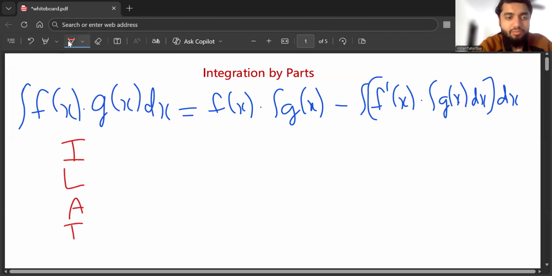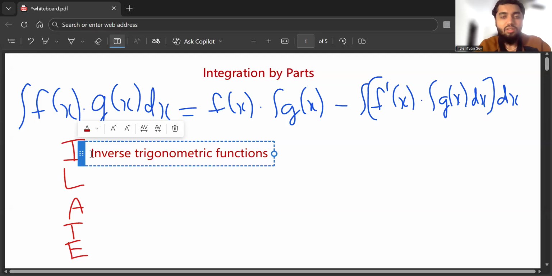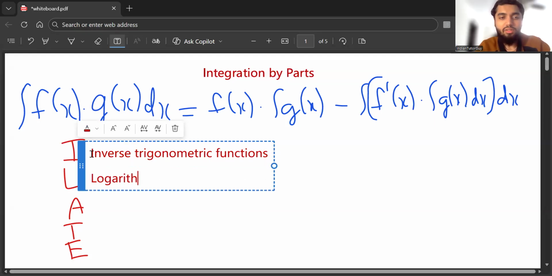So it's basically a nice, easy way to remember the ordering of different kinds of functions. So I would stand for inverse trigonometric functions, and L would stand for logarithmic functions.